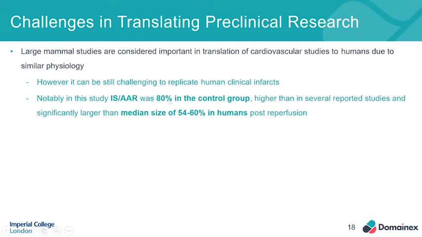And it's known that the larger the infarct, the more challenging it can be to provide cardioprotection. Typically the median size of human infarcts is 50 to 60%. There are lots of studies in the literature, and they will have different infarct sizes depending on the species of pig, the exact protocols, and the group that has been used. So it can sometimes be challenging to compare studies.